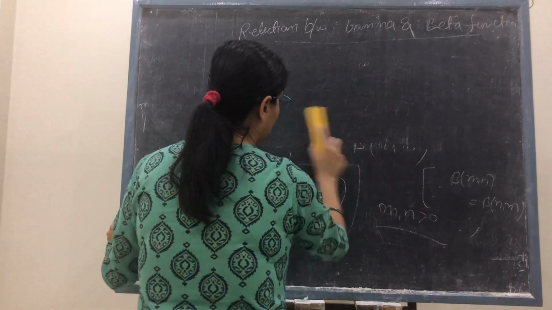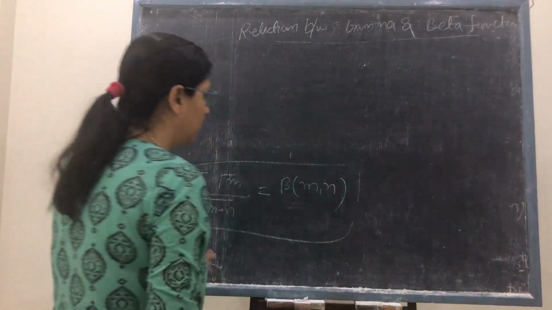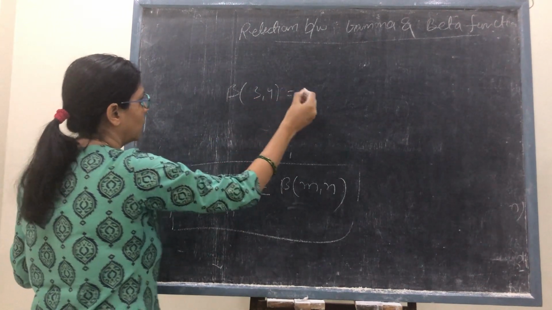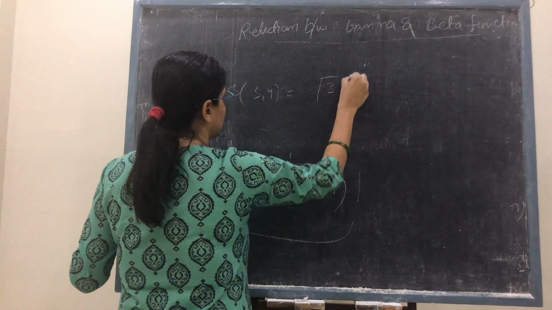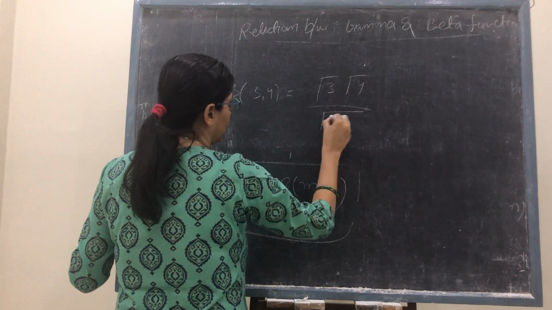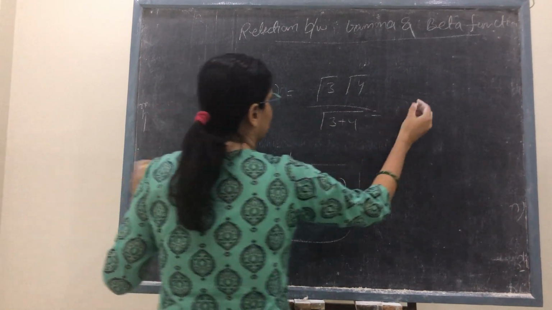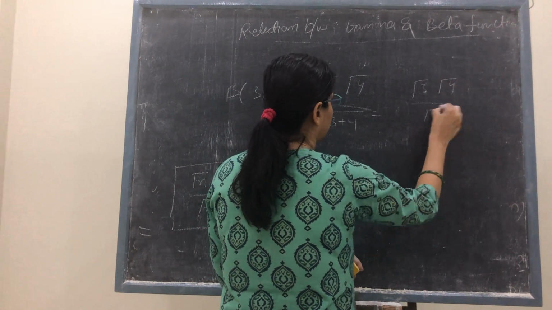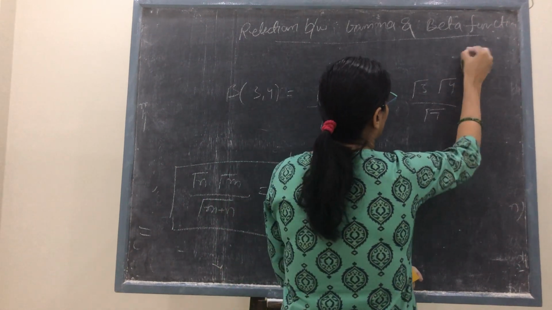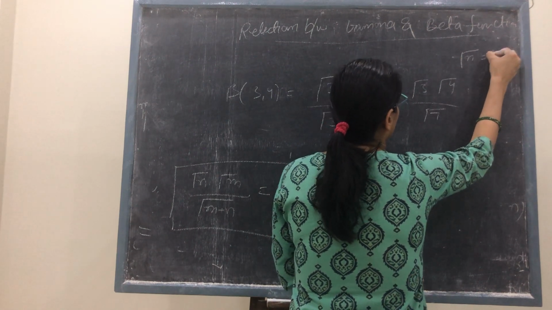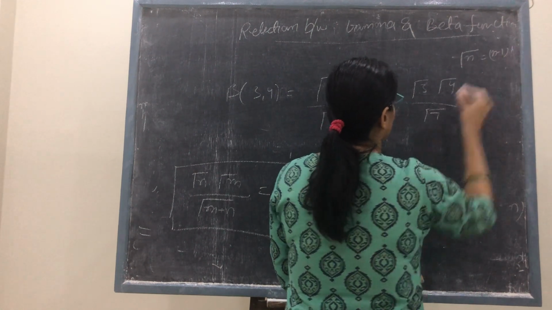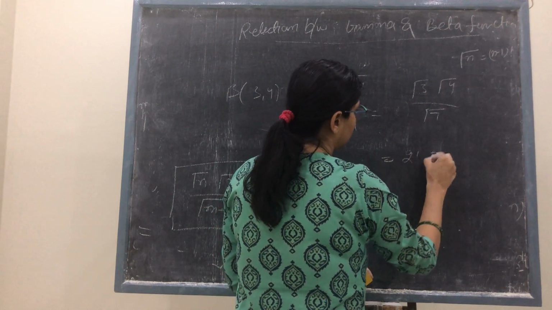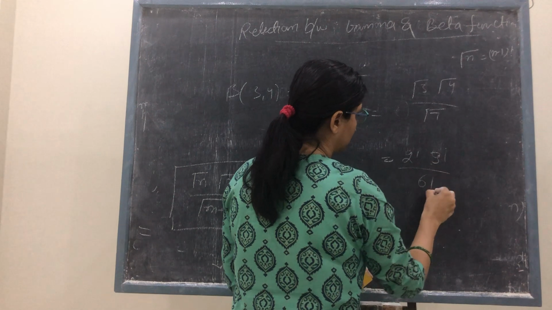Now just to give an example, let us take an example. We are given beta of 3, 4. This is gamma of 3, gamma of 4 over gamma of 3 plus 4, that is gamma of 3, gamma of 4 over gamma of 7. Now we know that gamma of n is n minus 1 factorial. We can write it as factorial 2, factorial 3 over factorial 6.